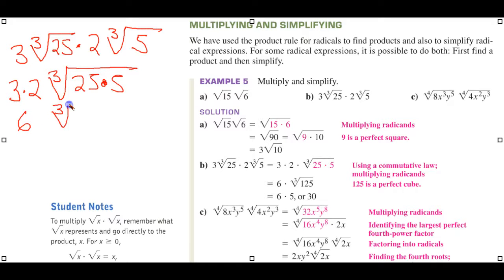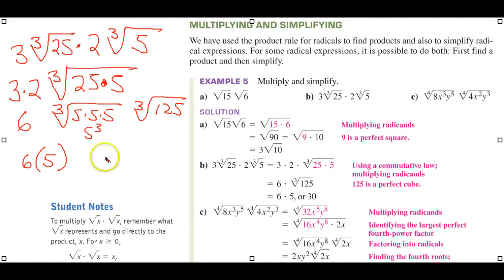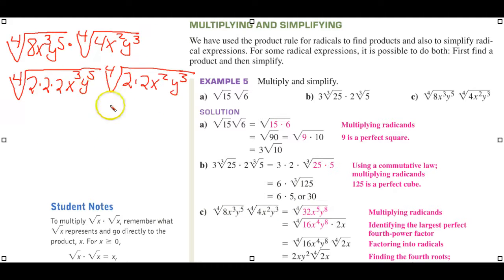This becomes the cube root of 5 times 5 times 5, or the cube root of 125, which is a perfect cube. Another way to look at this is 5 to the third here. So this will be 6 times 5, which is the cube root of 125, which gives us a 30 right down there. And the last one.